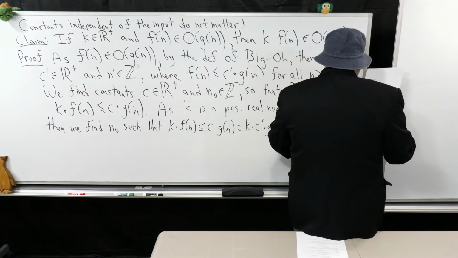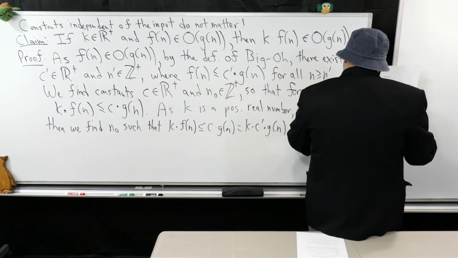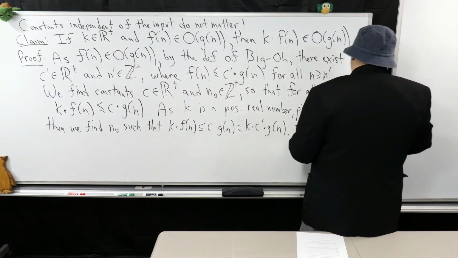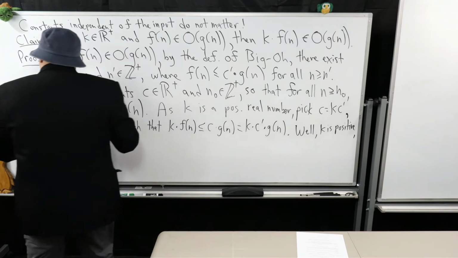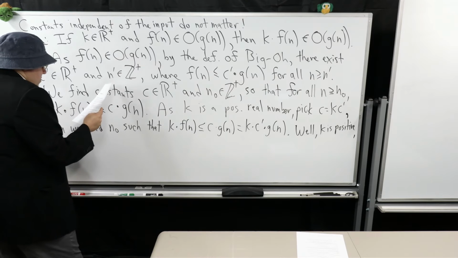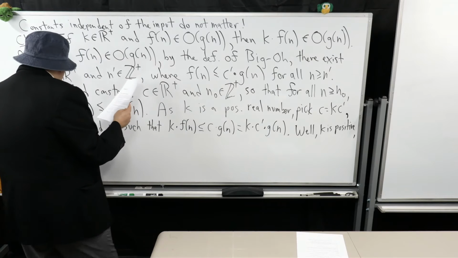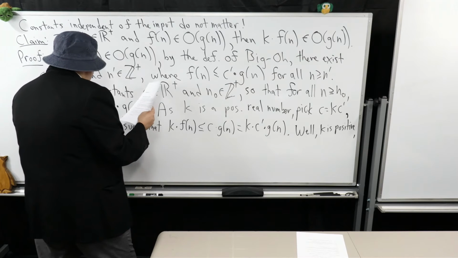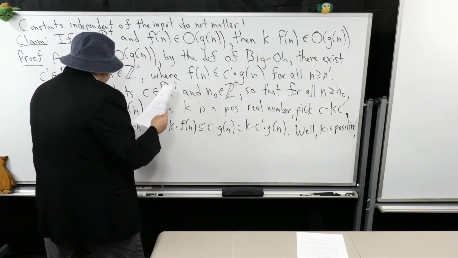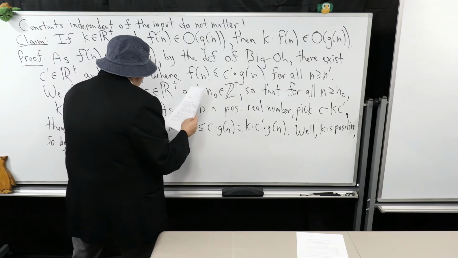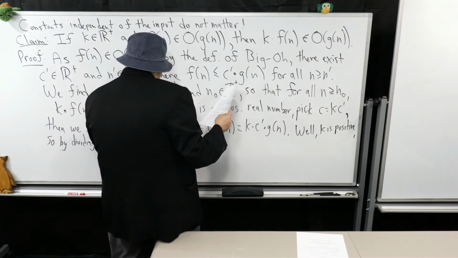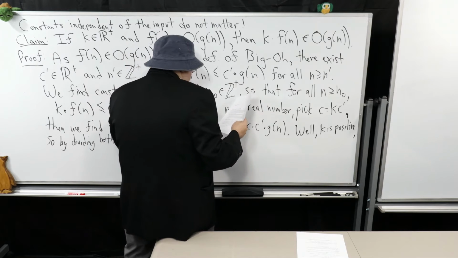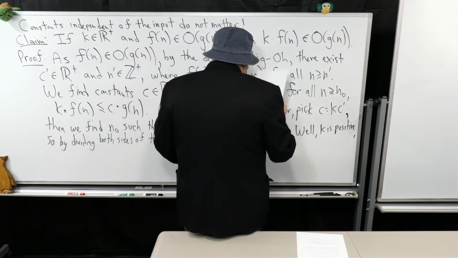Well, k is positive, so by dividing both sides of the inequality, you get the following.